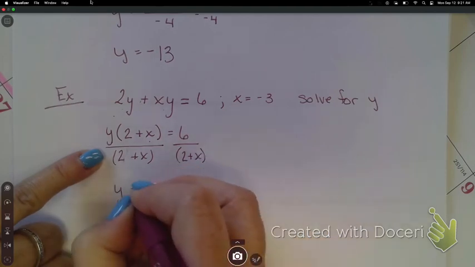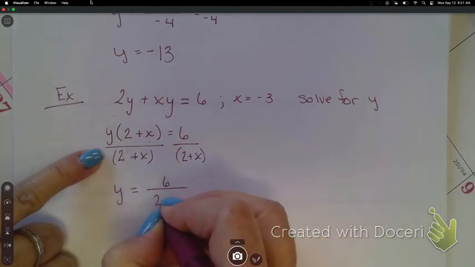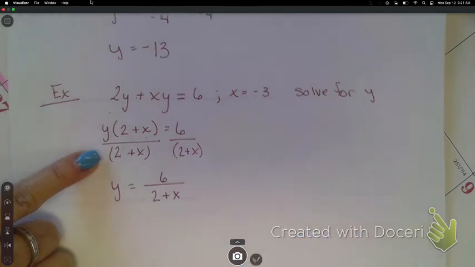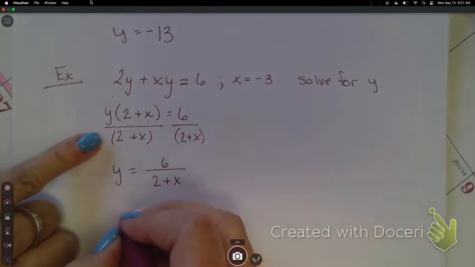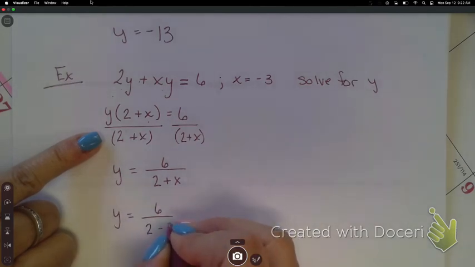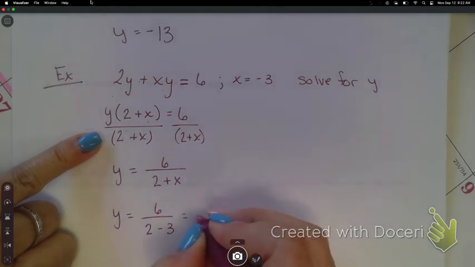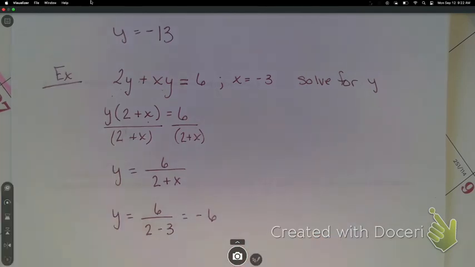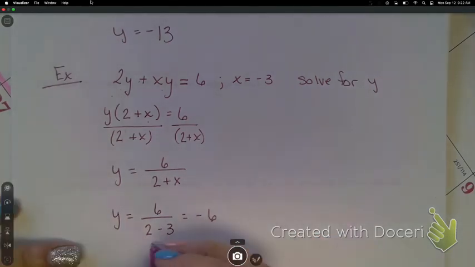So y equals 6 divided by 2 plus x. Now x is negative 3, so y equals 6 over 2 minus 3, which is 6 over negative 1, so negative 6.